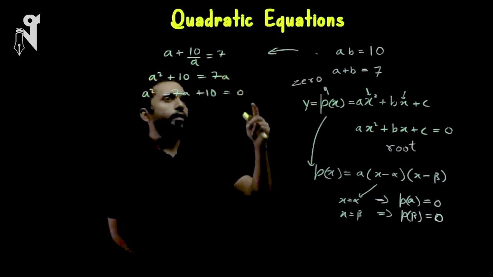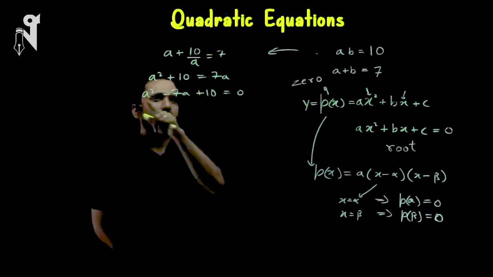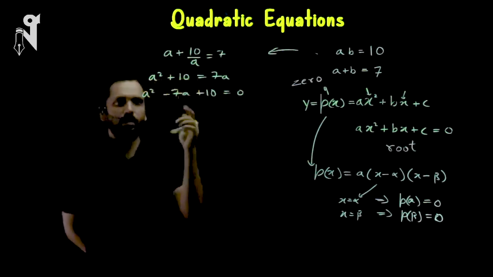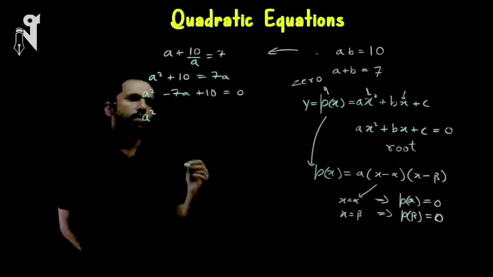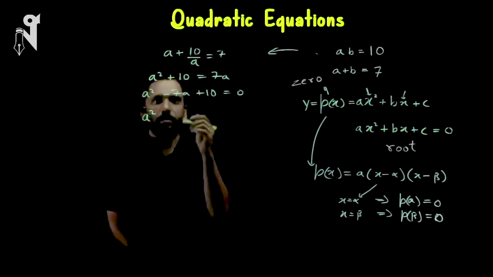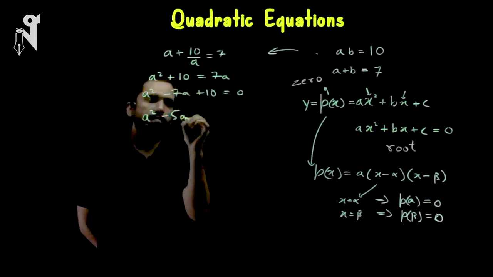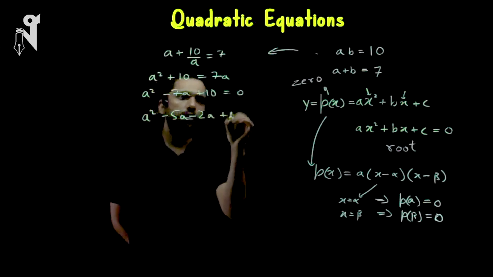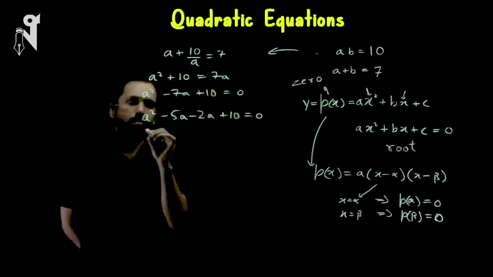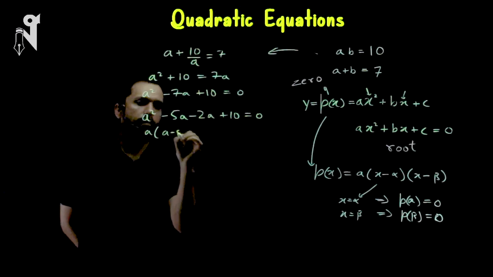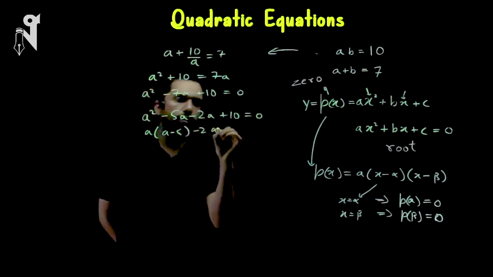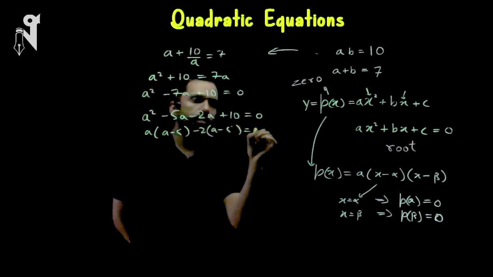Now if I try to solve it by factorizing, then I'll split the middle term, and what do I get? Will I be able to split it? Luckily I'm able to split it in this case. Minus 5a minus 2a plus 10 is equal to 0. A common, a minus 5; minus 2 common, a minus 5 is equal to 0.